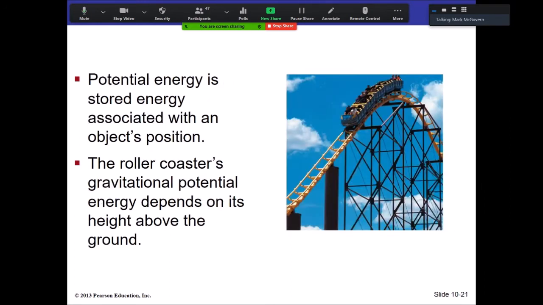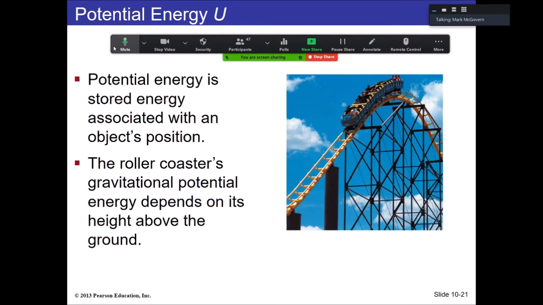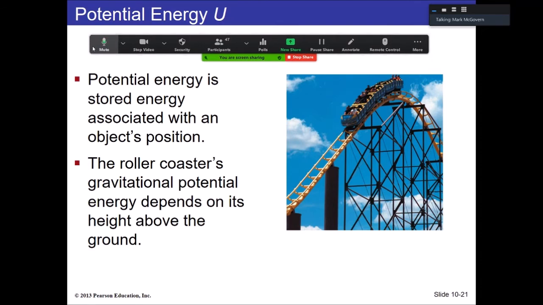Now, what can it be transferred to? Well, we also have a type of stored energy, which we call potential energy. Most of the time, potential energies involve aspects of position. So, for example, they're showing the roller coaster here. When the roller coaster's at the top, it has a lot of potential gravitational energy.